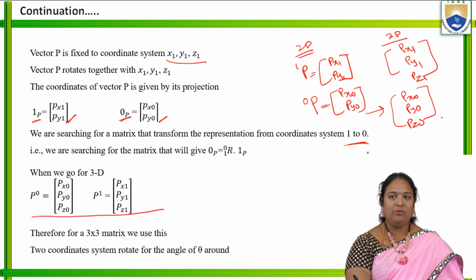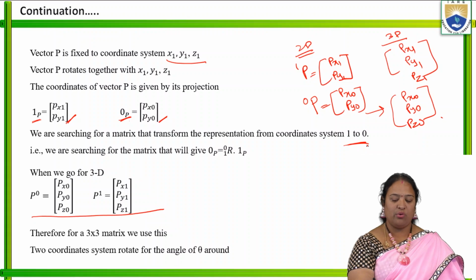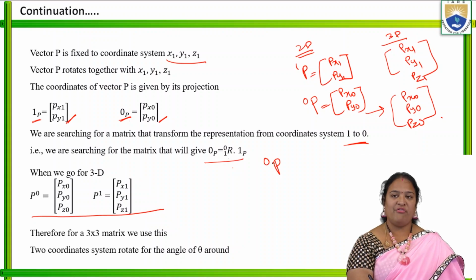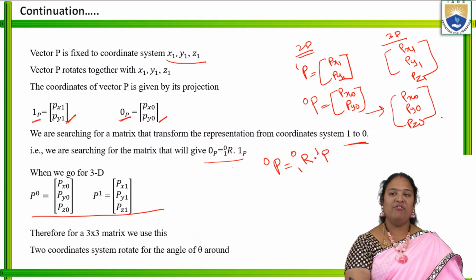So when we need to transfer the representation of the coordinates from 1 to 0, we write that particular matrix equation as P of frame 0 is equal to R 1 to 0 into P of frame 1.